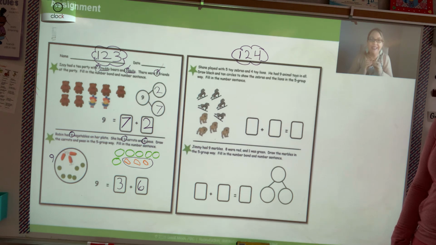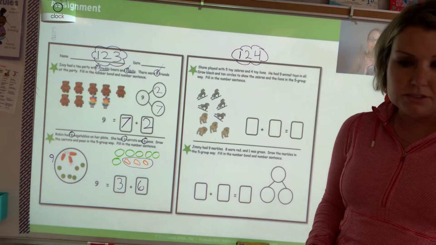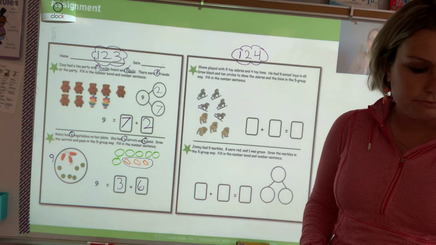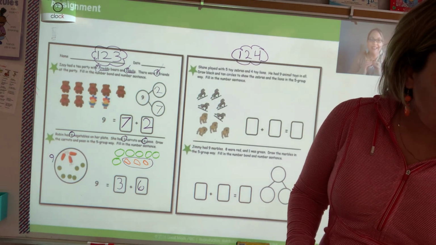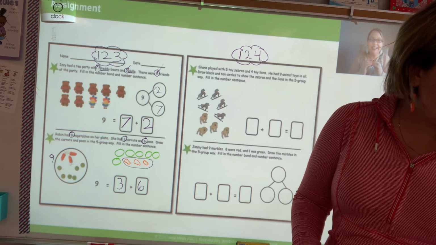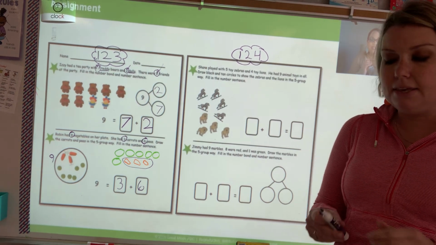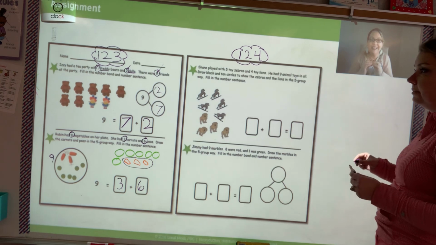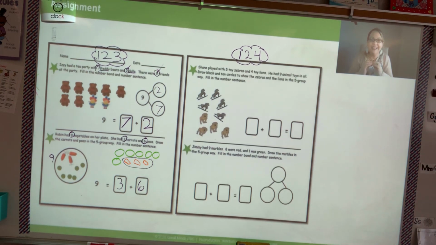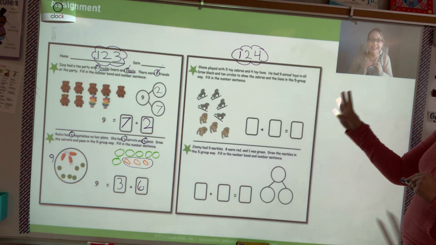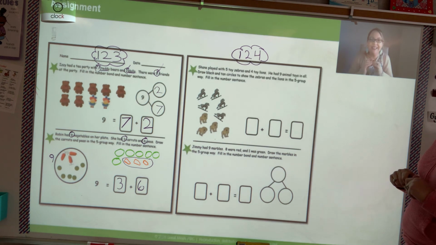All right. Let's take a look at the back page. The back page looks like has toy lions and zebras. Shane played with 5 toy zebras and 4 toy lions. He had 9 toy animals in all.